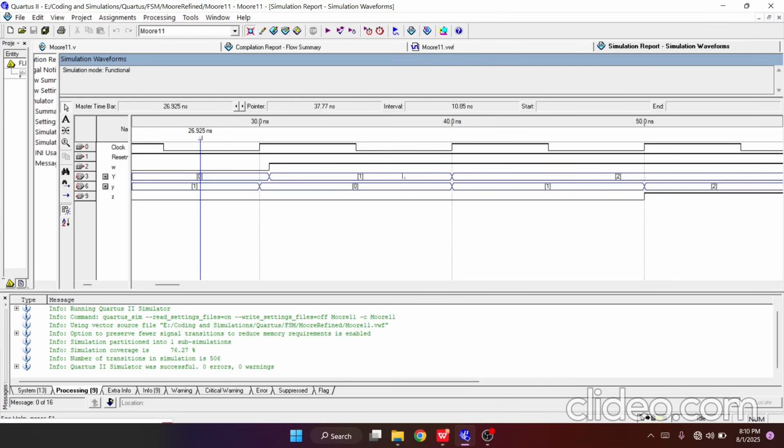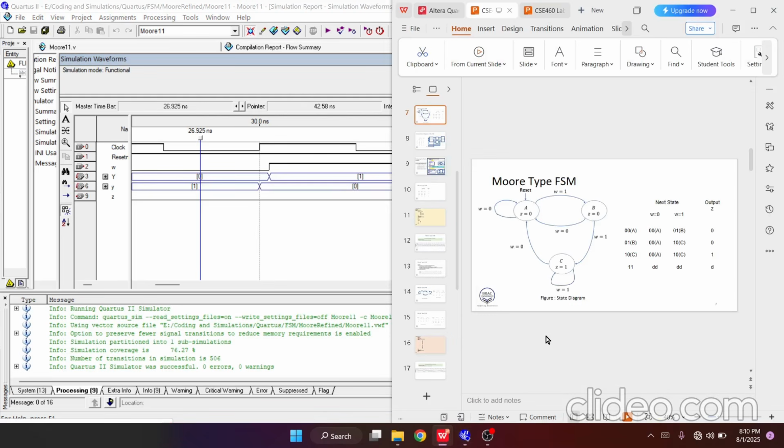Now this value capital Y equal 1 is passed to small y, which is now equal to 1, that means you are now in state B. At B state, if you get W equal 1, which is prevalent here from 40 to 50 nanosecond, where should you go?